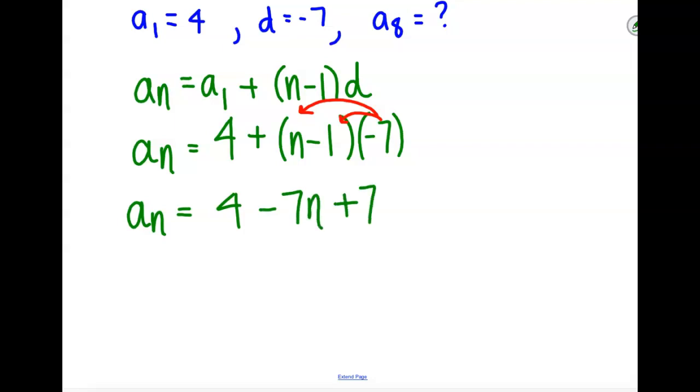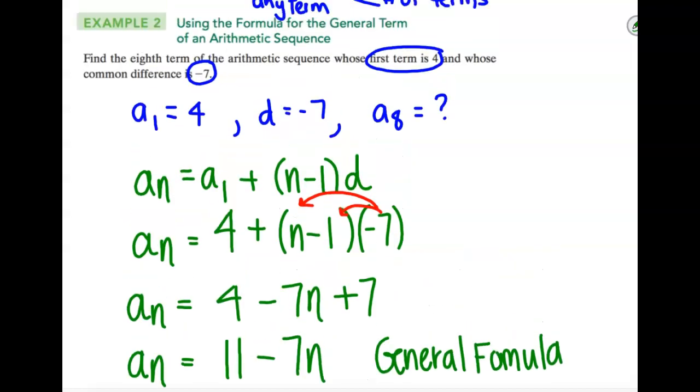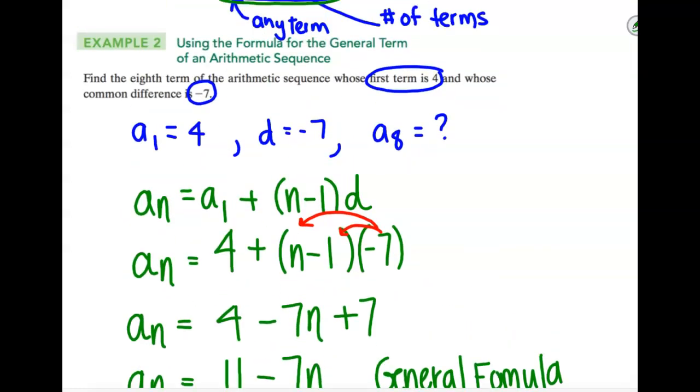I'm going to combine like terms. So 4 plus 7 is 11 minus 7n. So this is called the general formula for that sequence. Now what you're able to do is go out and find any term in the sequence.